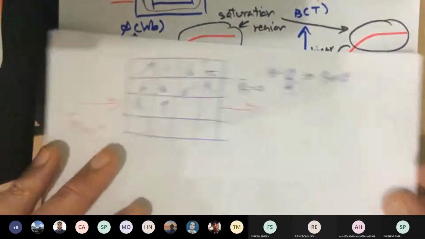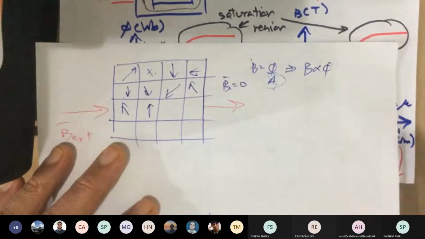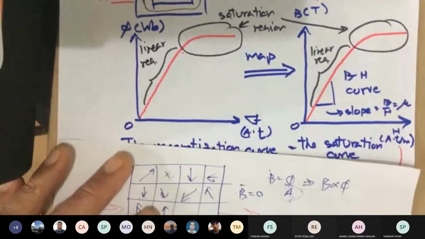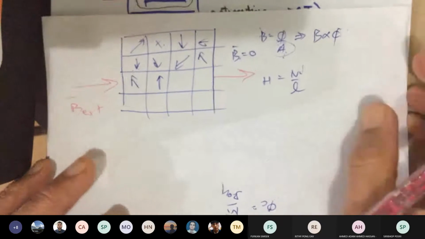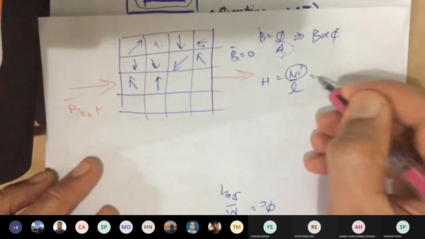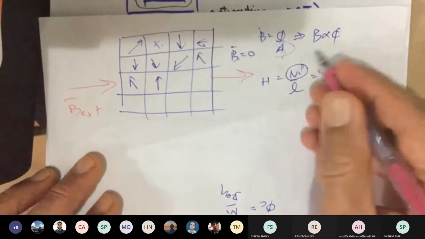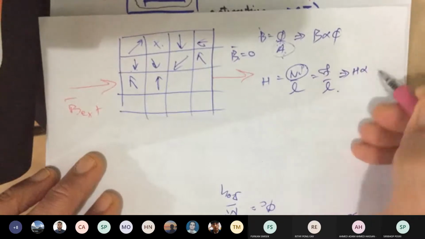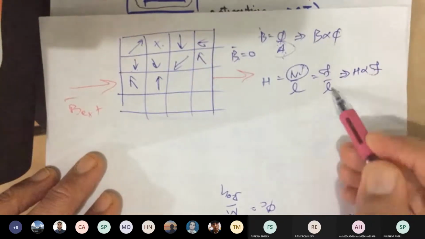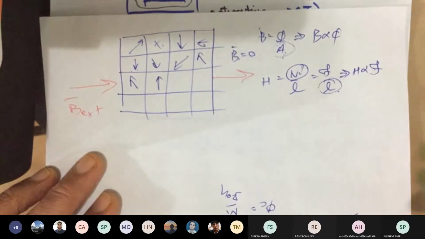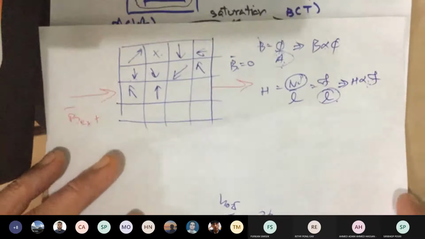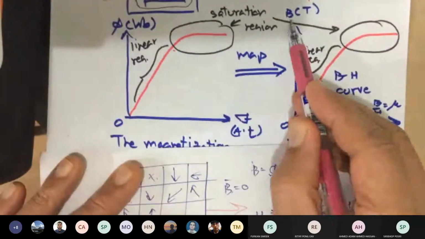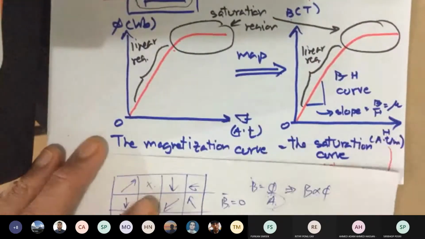Similarly, we also know that H is Ni divided by L. This is your magnetomotive force divided by length. So we also know that H is proportional to the magnetomotive force, assuming constant length of the core. If they are proportional, we can map this magnetization curve to what we call a B versus H curve.